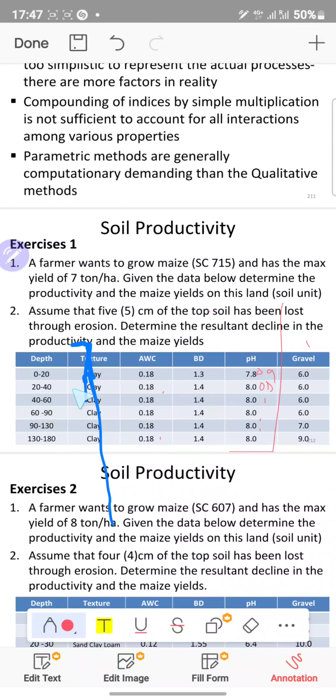If this is your meter rule and you are measuring the horizons, you have 0 here, then 20, all the way up to 180. So if 5 is removed, meaning you have lost 5 centimeters on top, then what remains starts at 5, then 20, and it continues.